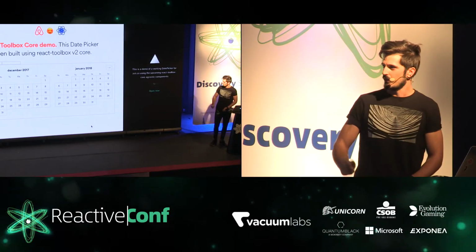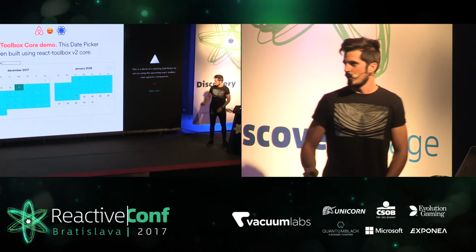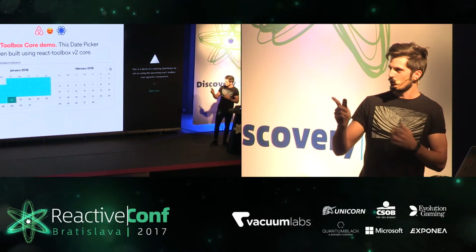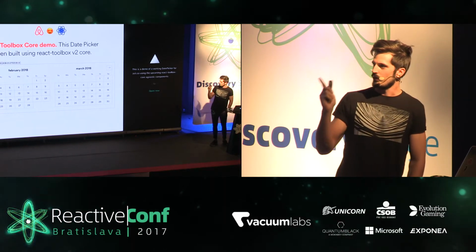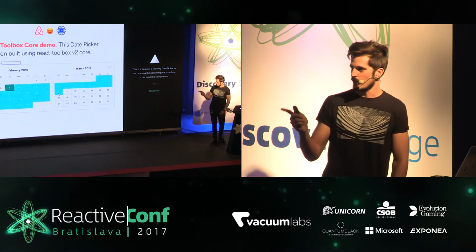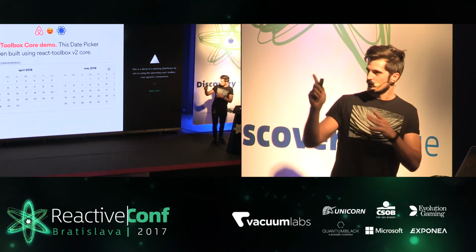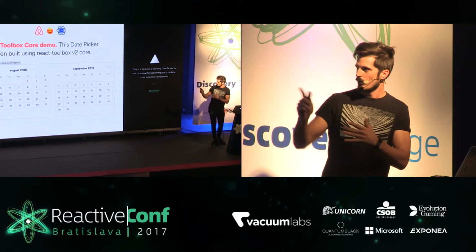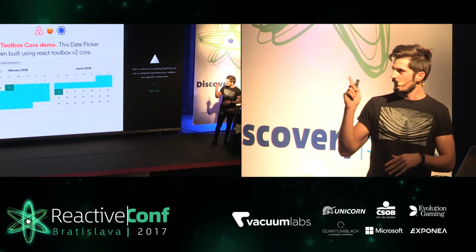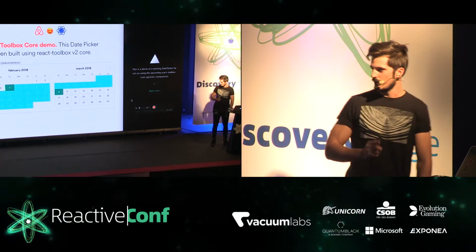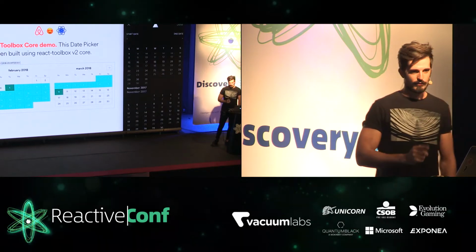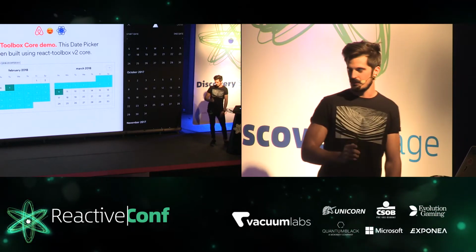This is a demo of a proof of concept I made. There are two date pickers. On the left side, what you see is the Airbnb date picker, right, with those styles, this layout with two months and everything. And on the right side, what you're seeing is a React Native date picker that uses exactly the same logic.